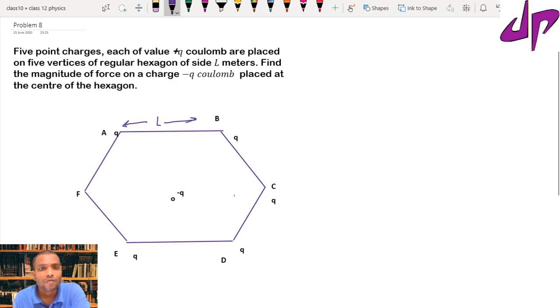So here we have to find the magnitude of the force on charge minus q which is present at the center. To calculate the magnitude, first I would like to draw the direction of the forces. So these two, O and B, are negative charges. There is a force of attraction from O to B, so that is in this direction.